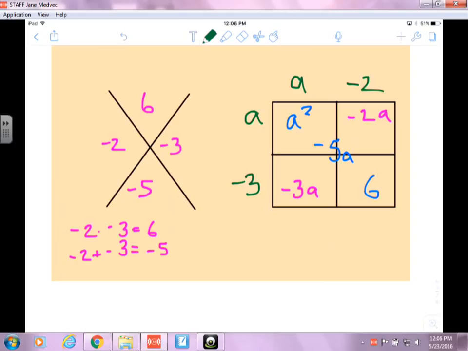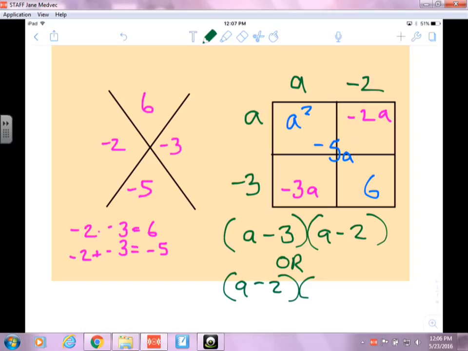So one of my answers is going to be a minus 3 and a minus 2. Now again, it can also be written as a minus 2 and a minus 3. And that's it.